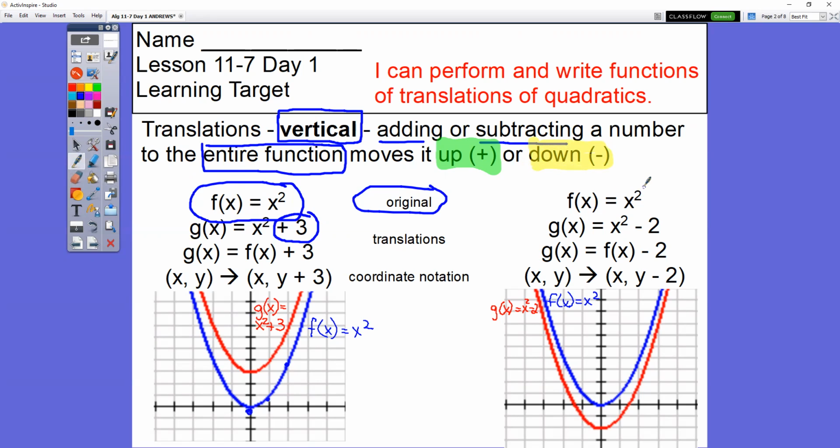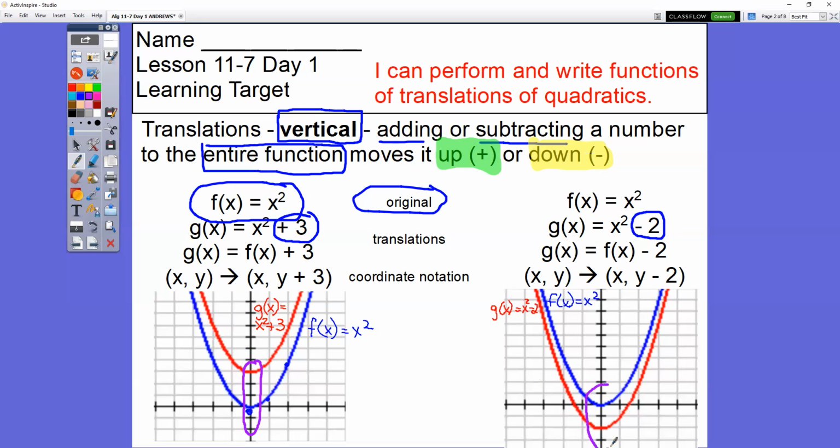So take a look at this next one. We have our original one here, again in the blue. If we take that original one and subtract 2 from the entire function, it is going to move that entire function down 2. When I say up and down, what I am specifically looking at is the y-axis.